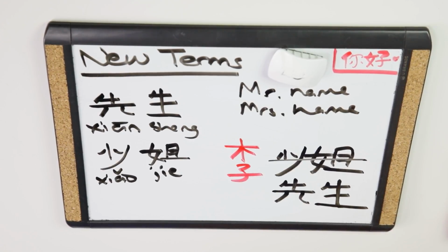And that's how you would answer to be in Mr. and Mrs. Now, you could be like 你好, 李小姐, or 你好, 李先生, to say hello, Mr. So-and-so, hello, Mrs. So-and-so.